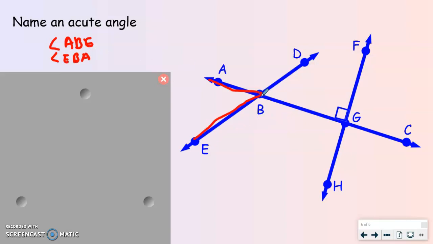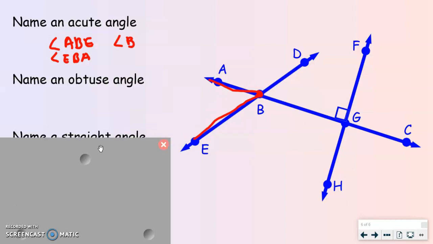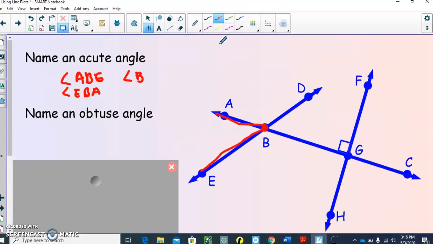Okay, and the vertex or the shared endpoint is point B. So we could just say this is angle B. It might be a little confusing though, because there's a couple of angles that have angle B. So you may want to do some of the other ones with all the letters. But this is an acute angle. It's definitely less than 90 degrees. It looks pretty small.